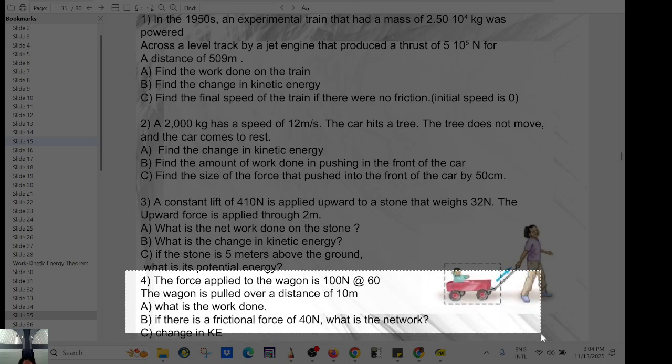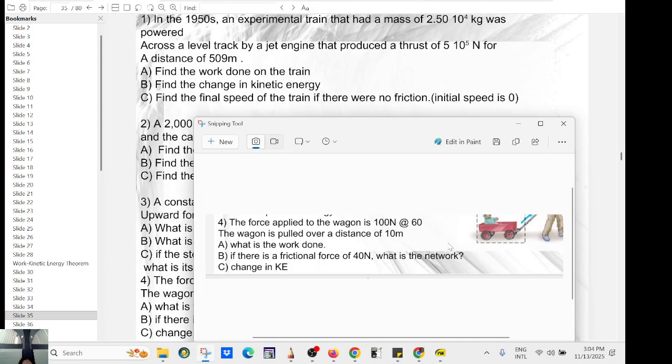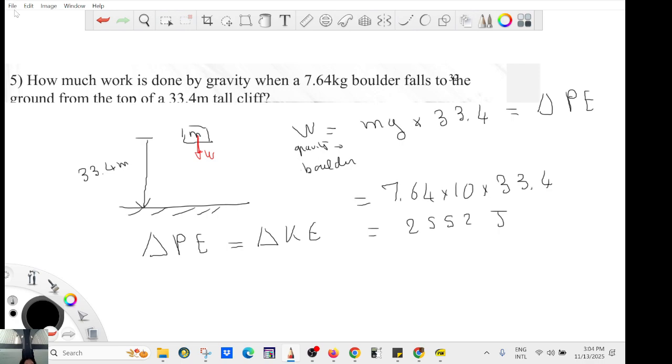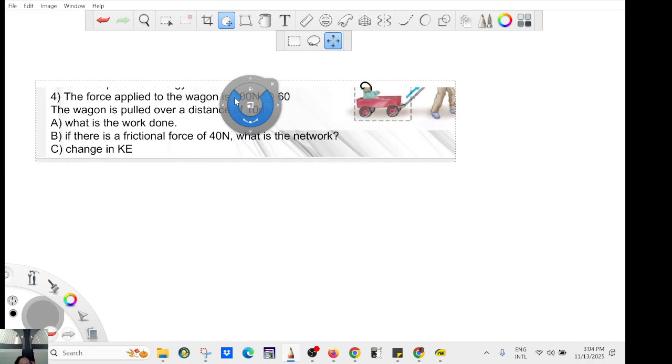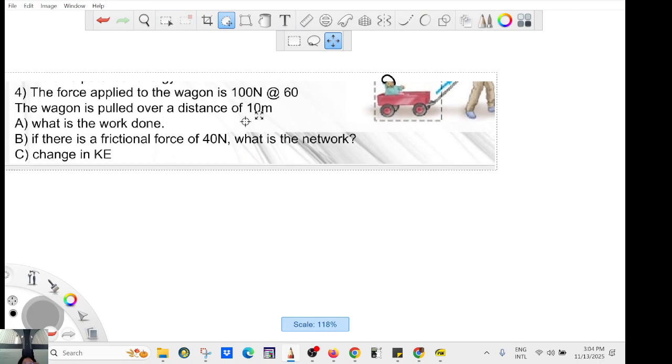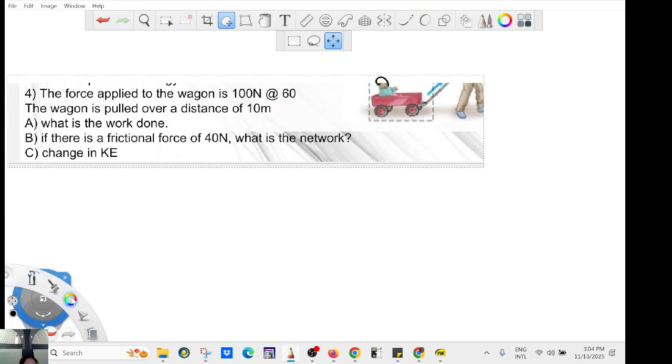It's a wagon. Do you see the wagon here? So 100 newtons.